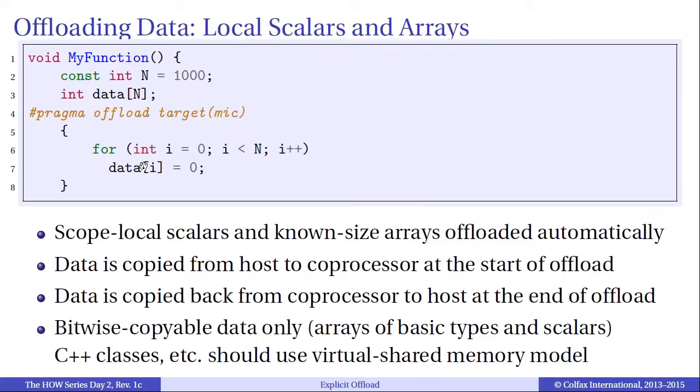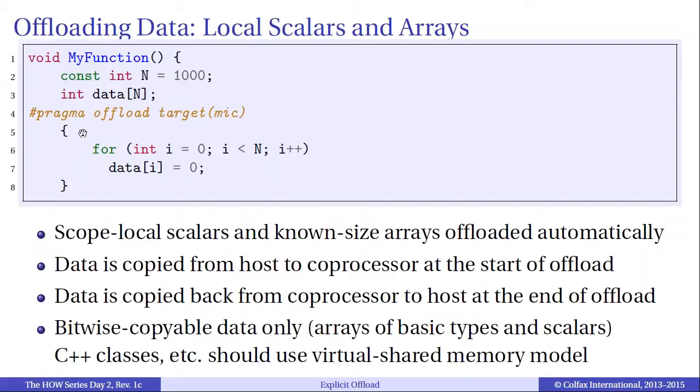When you are dealing with data, sometimes you don't have to do anything. I have a function that declares a scalar, and it declares a scope-local array. And because the compiler knows at compilation time the type of this variable, the type and the length of this array, it will automatically stage the transfer of data to Xeon Phi and from Xeon Phi when I run this code.